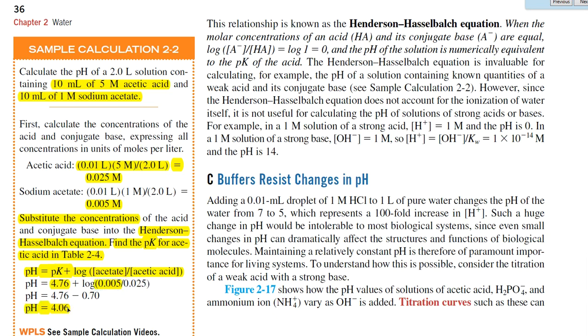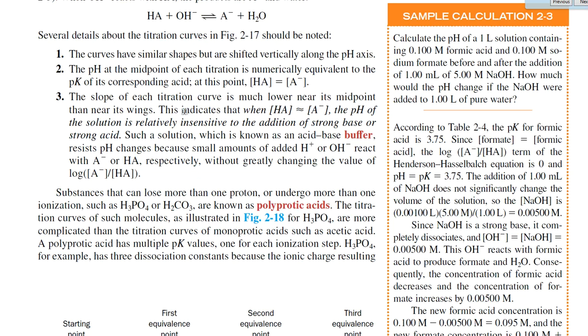The 4.76, the pK of acetic acid, will be given to you already in the question. So it is very easy to find the pH when the concentrations of the conjugate base and acid are given. We'll use the Henderson-Hasselbalch equation.